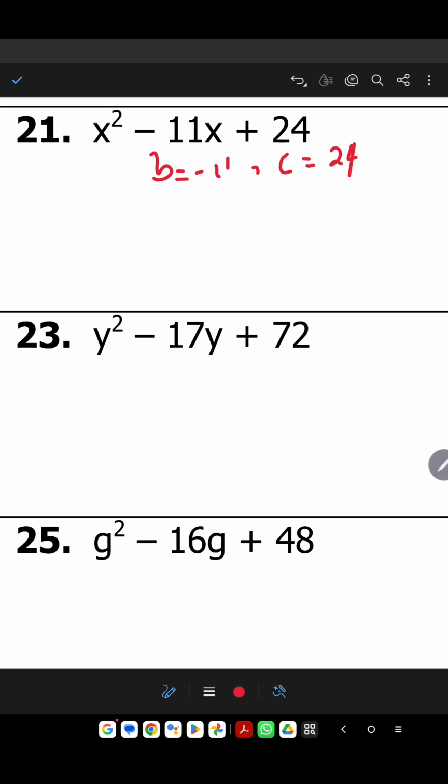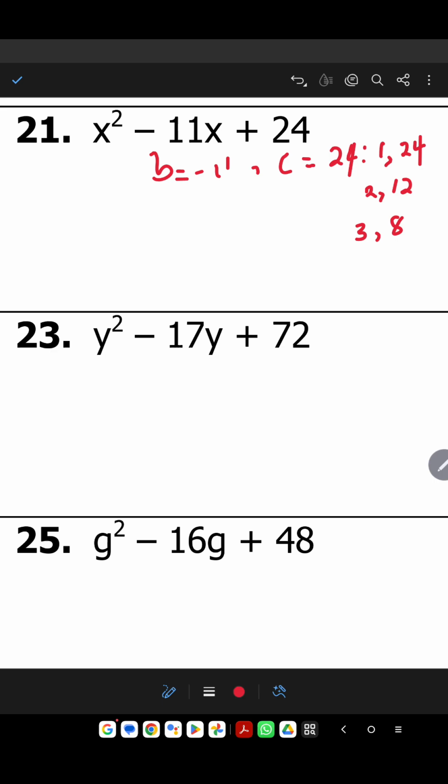So we're going to list the factors of 24, but they both must be negative. So let's start with 1 and 24. We know we're going to assign the negatives afterwards. We're going to have 2 and 12. All right, so far so good. We're going to have 3 and 8. And guess what? We're going to stop right here.